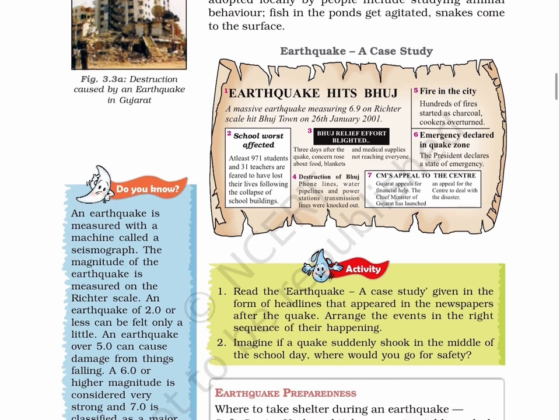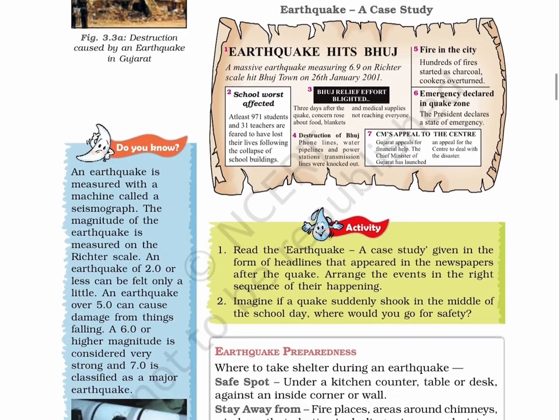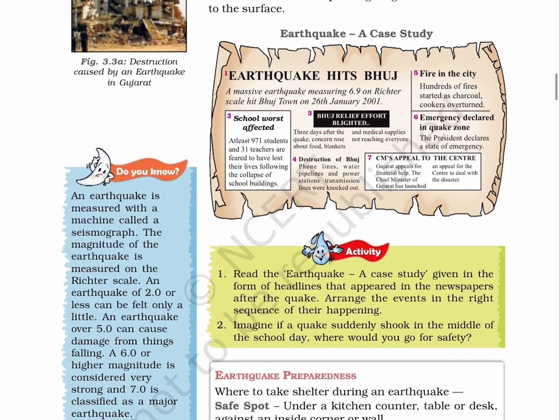The headlines and the matter in the newspaper is like this. 1. Earthquake hits Bhuj. A massive earthquake measuring 6.9 on Richter scale hit Bhuj town on 26 January 2001. 2. School worst affected. At least 971 students and 31 teachers are feared to have lost their lives following the collapse of school buildings. 3.